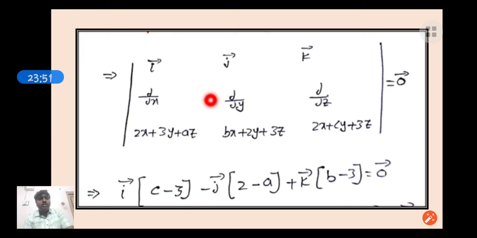So the determinant of i bar, j bar, k bar, dou by dou x, dou by dou y, dou by dou z, and f1, f2, f3, equating to 0 bar. Now I am calculating the determinant.